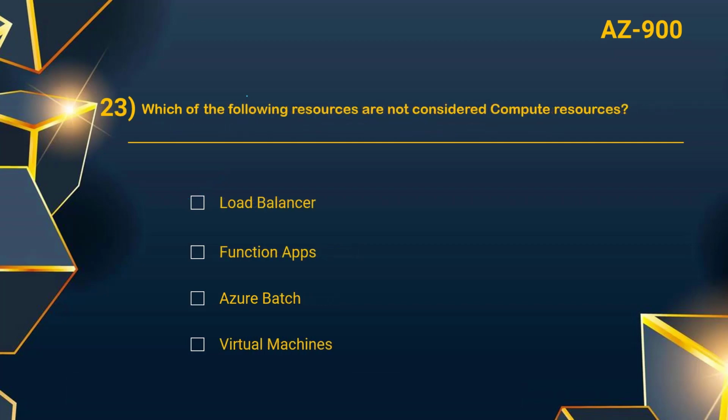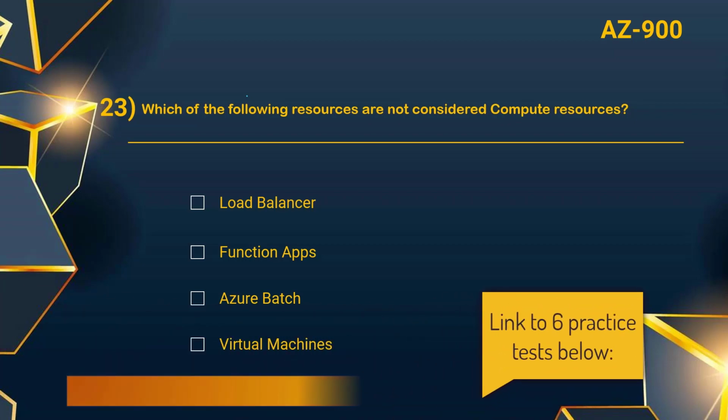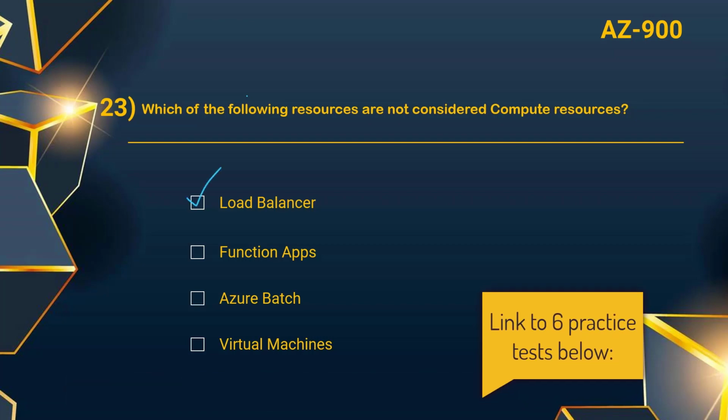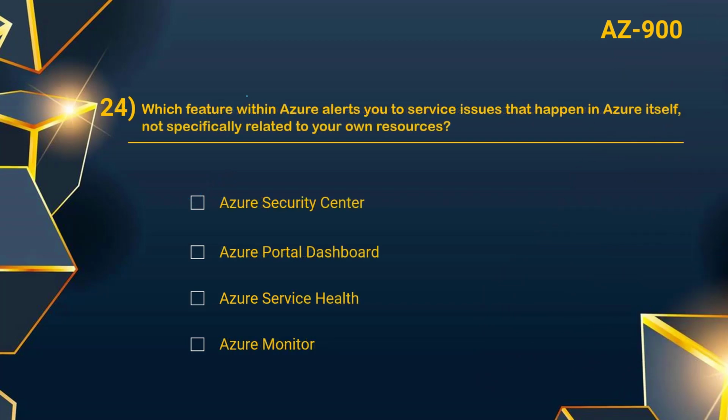Which of the following resources are not considered compute resources? Which feature within Azure alerts you to service issues that happen in Azure itself, not specifically related to your own resources?